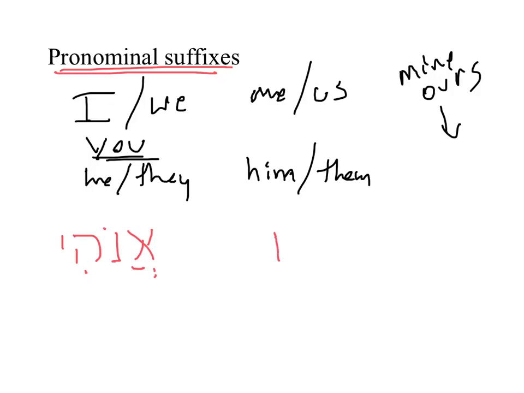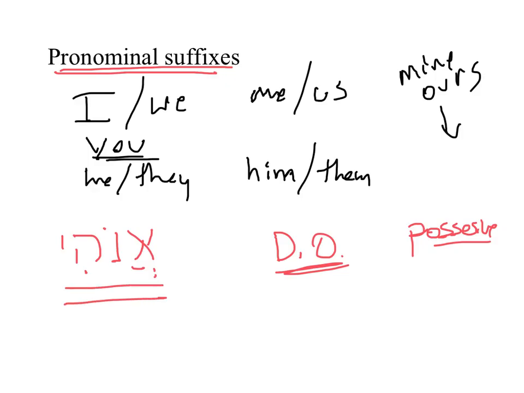So direct objects will be attached, and we'll also have possessive words attached to nouns and the like. In Hebrew, the only standalone pronouns are the subject. Now we're going to look at attached pronouns that have different functions in the sentence.